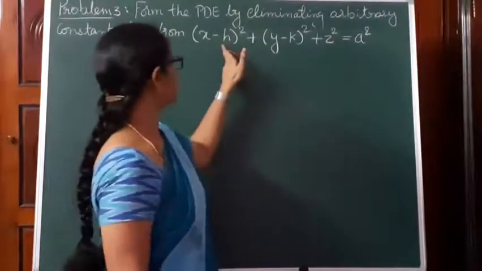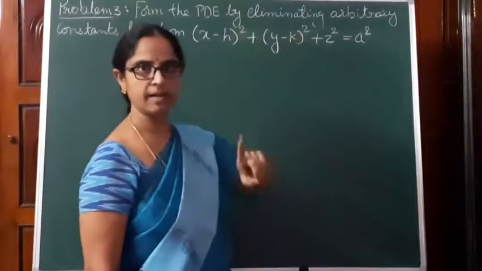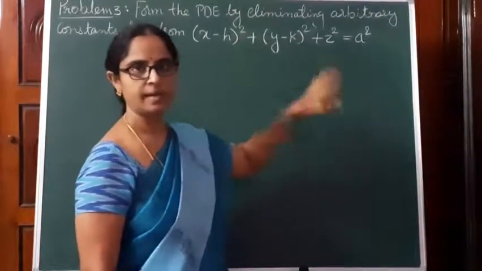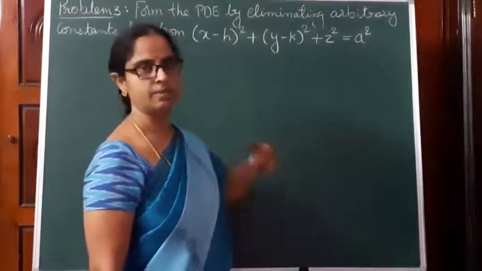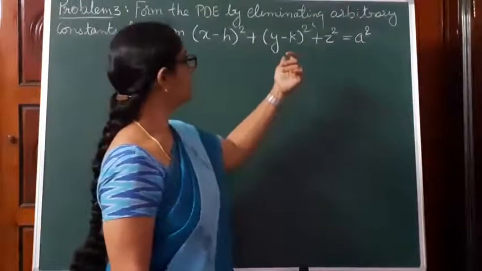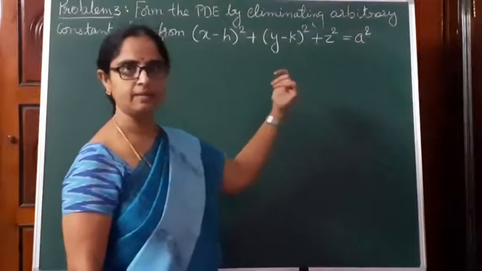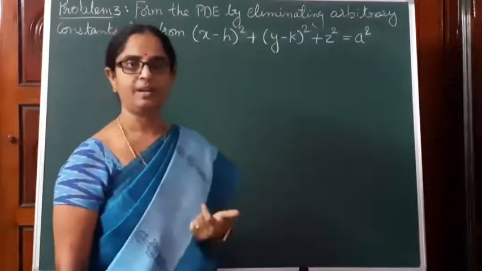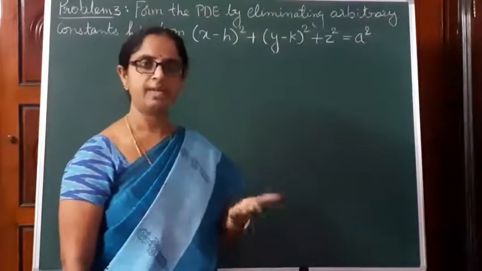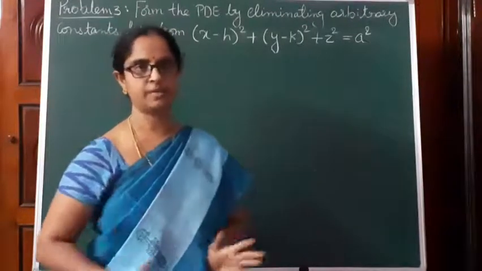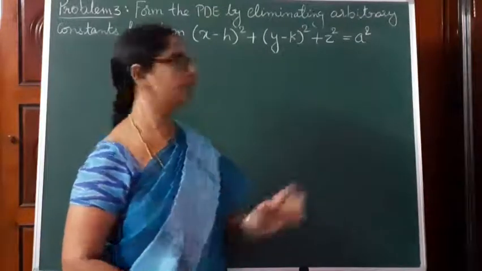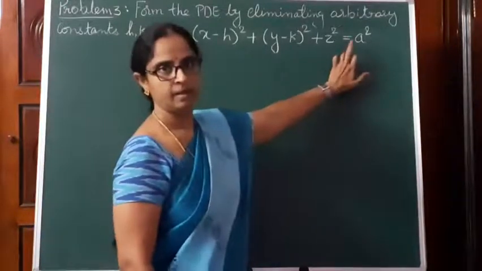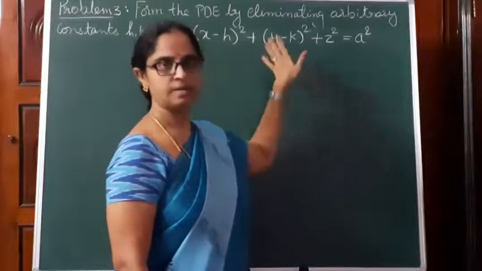So if I take h is equal to 0 and k is equal to 0, we get one equation. For h is equal to 1 and k is equal to 0, we get another equation. For h is equal to 0 and k is equal to 1, we get another equation. Like that, for different values of h and k, we get different equations. The family of those equations represents this one. That is the difference between the arbitrary constant and constant.